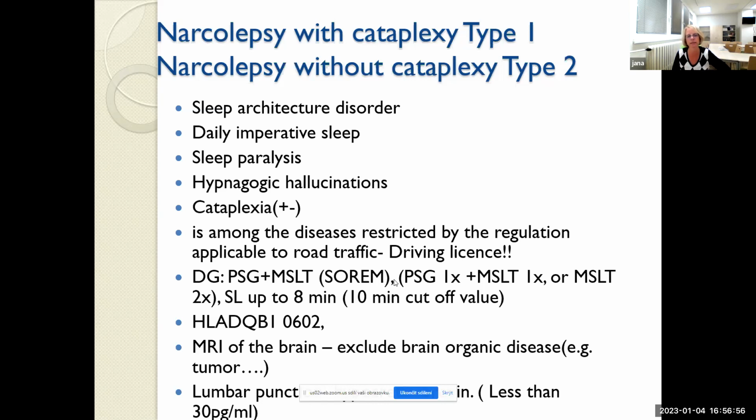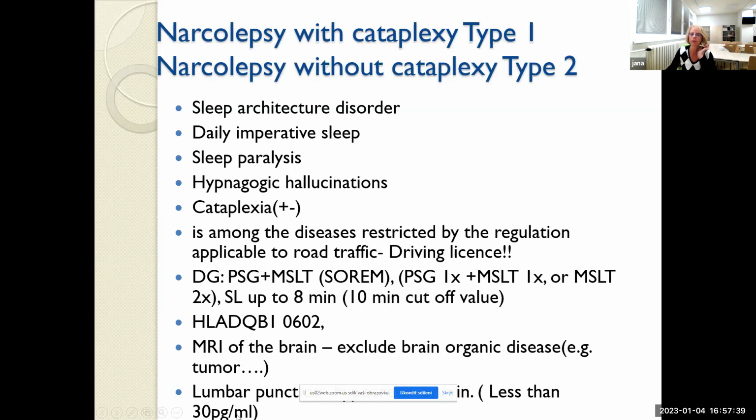If you see that these tests are 30 minutes long and REM sleep is there, it is abnormal. To diagnose narcolepsy, you need either one SOREM in PSG and one in MSLT, or 2 SOREMs in MSLT, to support this diagnosis. And of course, the sleep latency shouldn't be longer than 8 or up to 10 minutes, as 10 minutes is the cutoff value for excessive daytime sleepiness. So whoever is over 10 minutes, it should be taken as more likely a normal value.